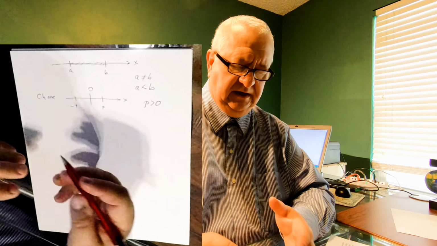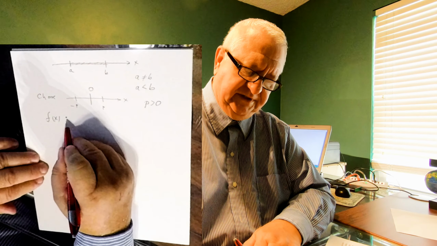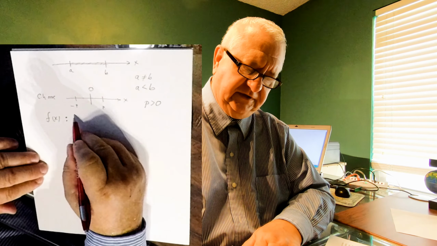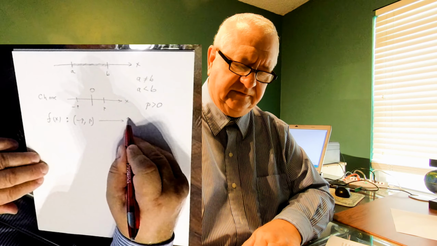Once I have this P, I choose a function, f of x, and this function should be defined, if you remember, on this interval. It can be open and has real values.